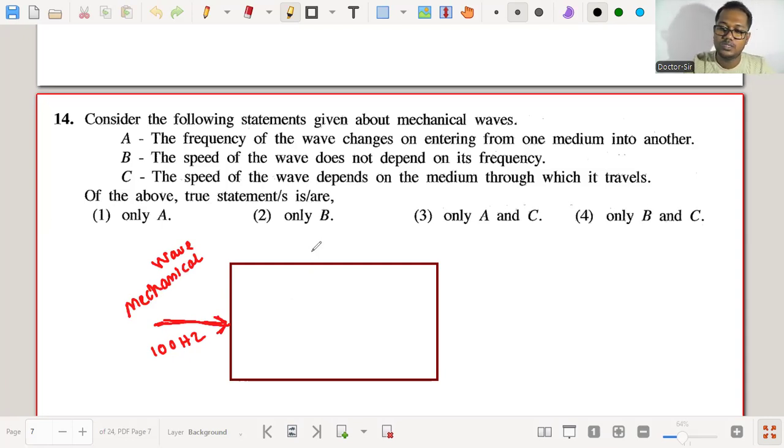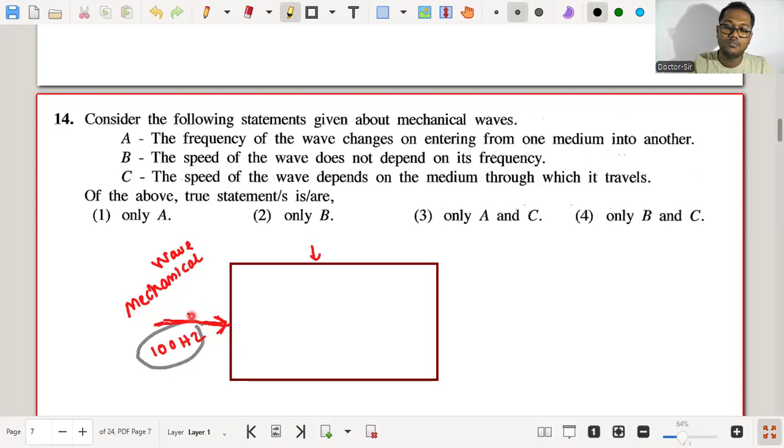So in this is another medium. Outside is another medium. So this mechanical wave comes and enters into the medium. Then they have a difference between the density of the medium.